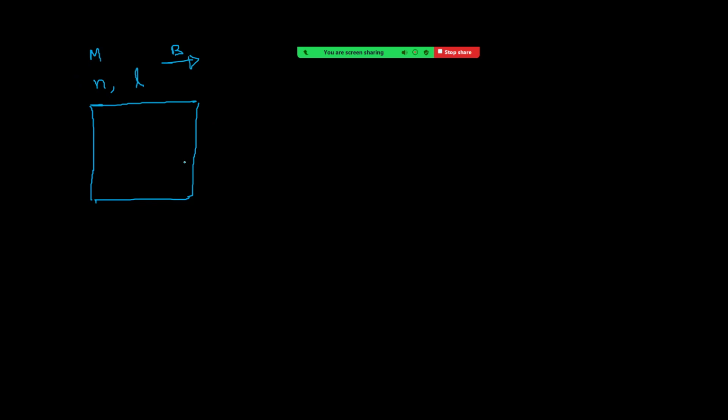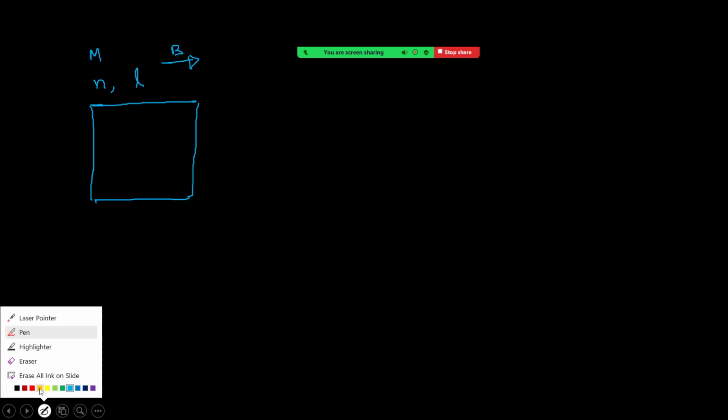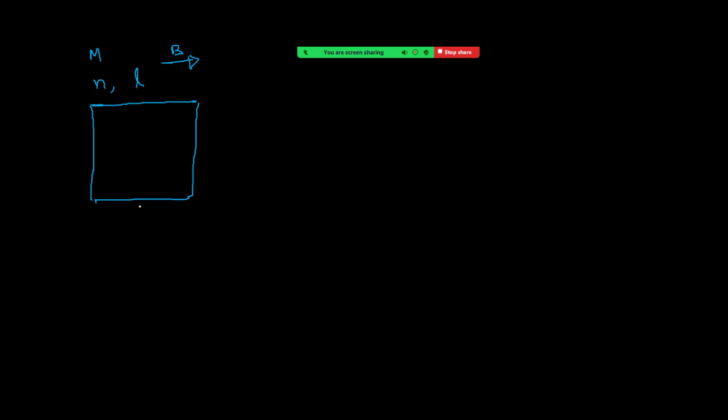Right. So I assume that this plane is horizontal and we are seeing this one from the top. Okay. So this is the top view. And let us assume current is clockwise. Current is clockwise. So this is P, Q, R, S. Okay. Now see carefully. Because of this current on PQ, there is no force because of the magnetic field.